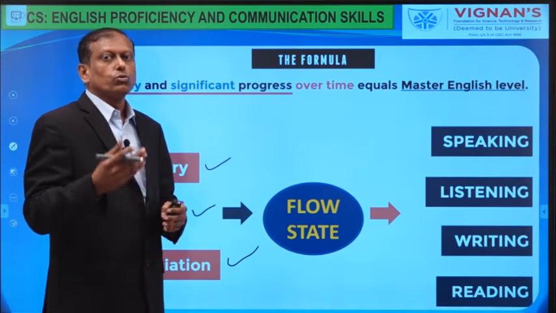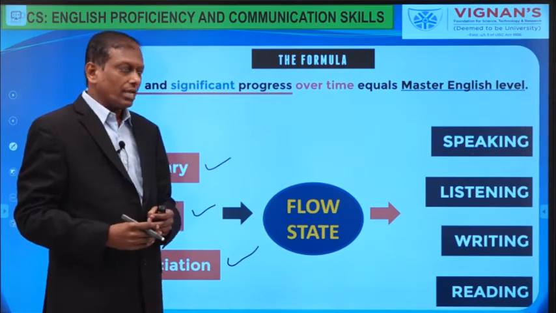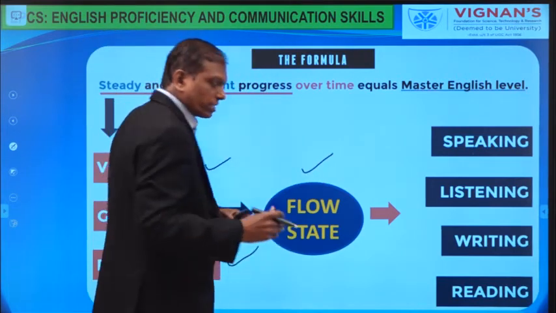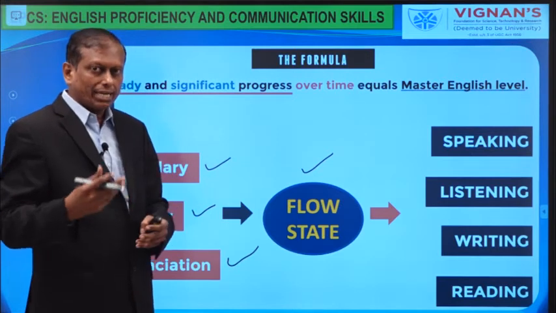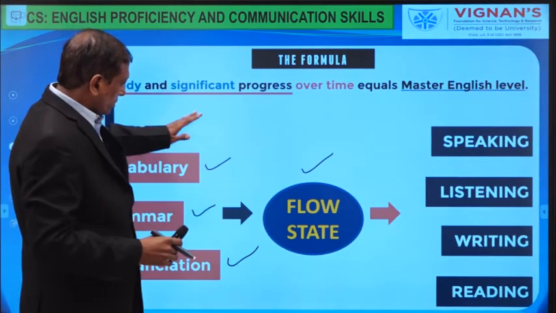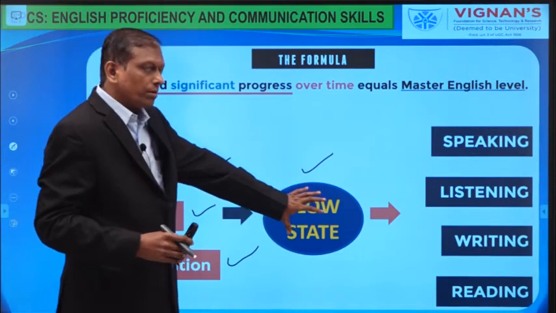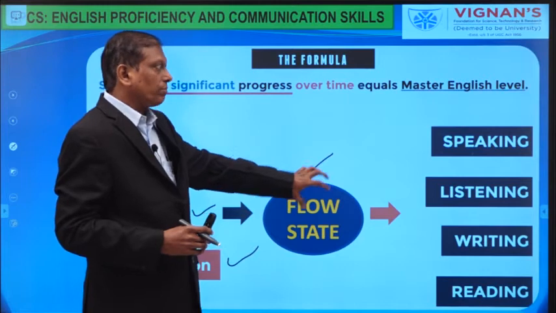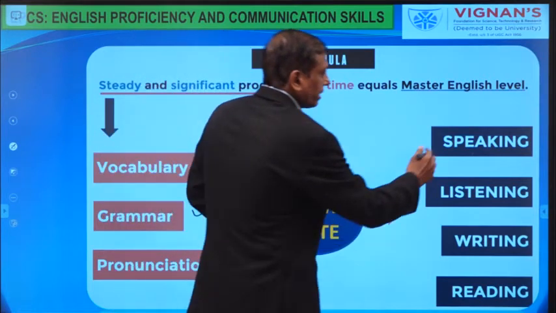We are going to consolidate our learning and put it into a flow state. Flow state means you make an attempt to use them, consolidating and bringing them together and starting to use them.